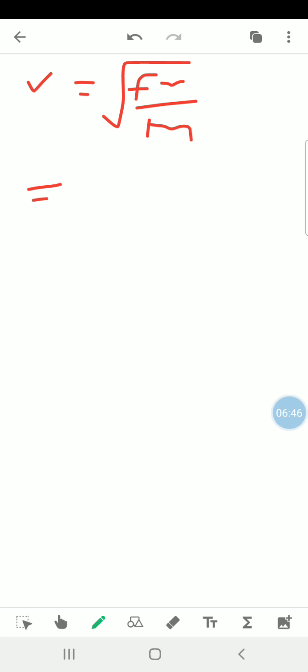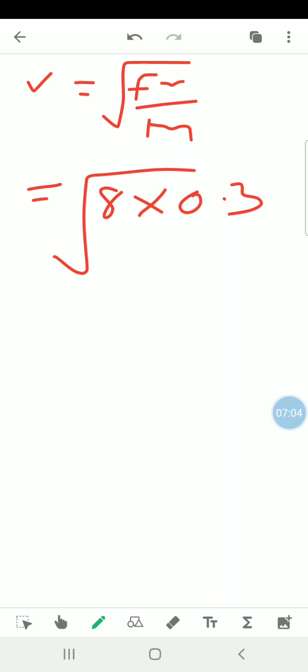So let's fill in the values. F is then of course 8 newtons, multiplied by r, which is 30 centimeters. You have to divide it by 100 to make it into meters. So that is going to be 0.3, divided by mass, which is given as 0.2 kilograms.